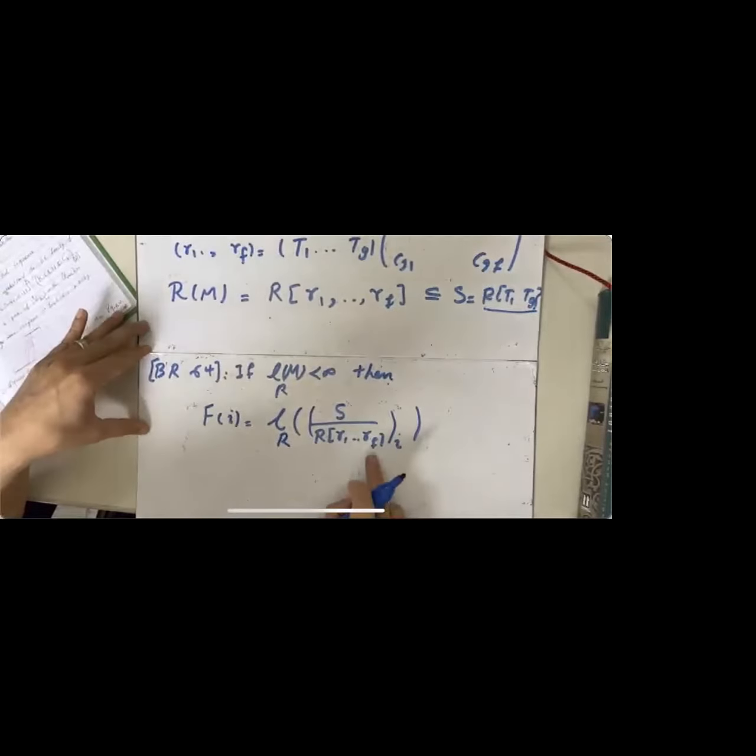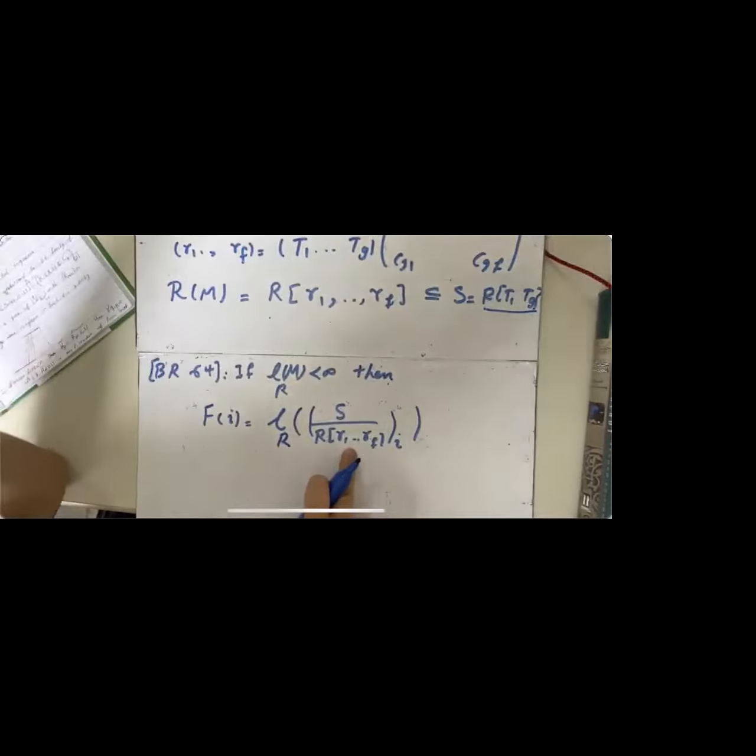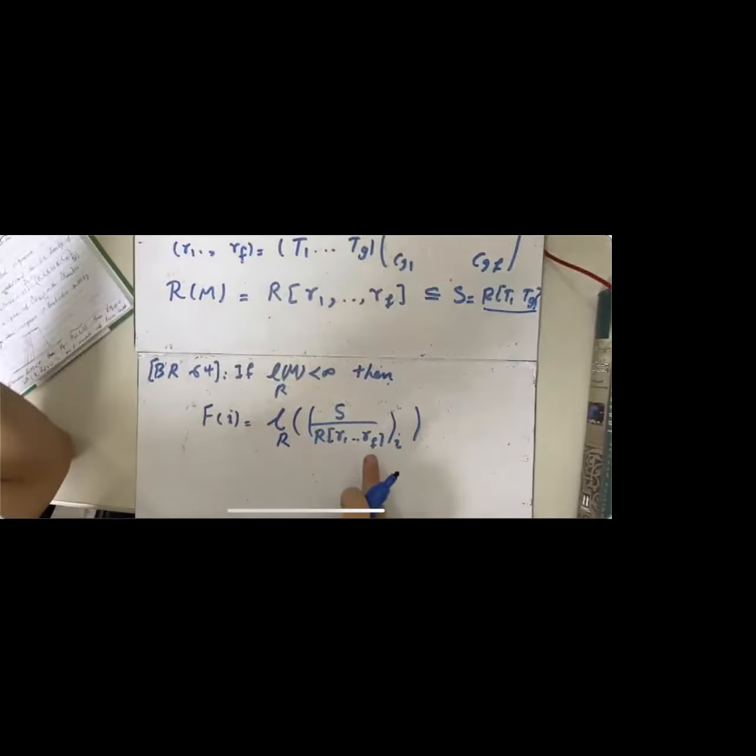In the case that F is 1, you recover the ordinary Hilbert-Samuel multiplicity or just the Hilbert function. But this definition allows us to go further and consider the symmetric algebra, the Rees algebra of a module instead of the Rees algebra of an ideal.